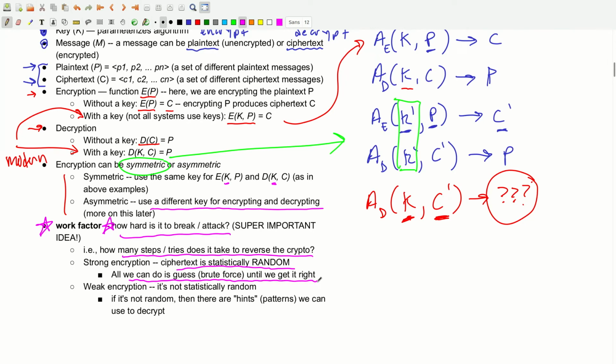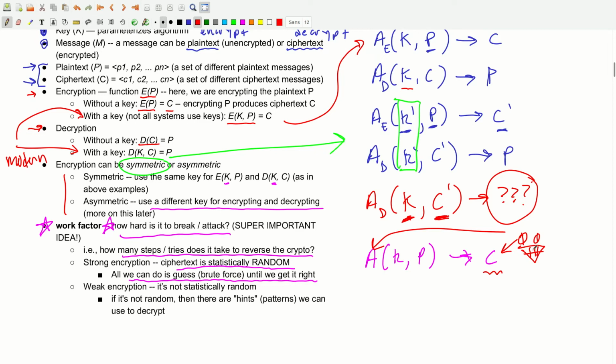Now I want to talk about that for a little second. Okay? So suppose that this function A that we're using is a strong encryption, meaning it's a good algorithm, it really randomizes the data. And then we have some key and some plain text, and we've produced a ciphertext. Okay? And our bad guy wants to read this ciphertext. They know that we used algorithm A, say because it's the world standard encryption algorithm.